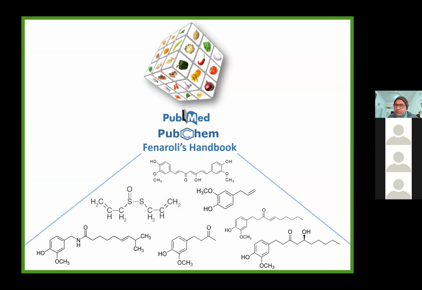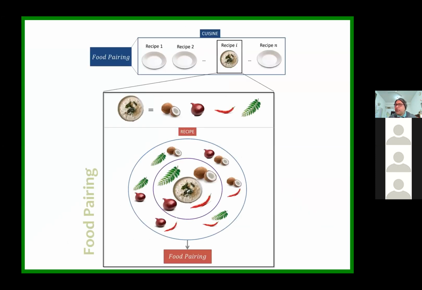So having compiled the data of recipes, the ingredients present in them with their categories, and the flavor molecules in the ingredients, we have tripartite data, as it is called in data science, which can now be investigated for food pairing phenomena. How do we do that?